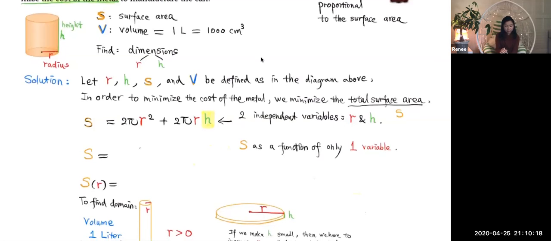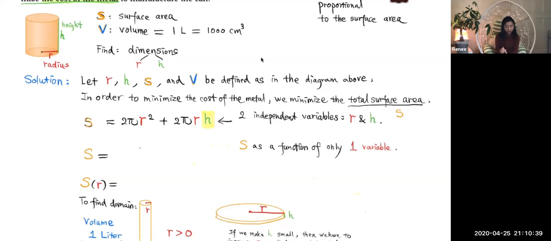Now, notice that this S is expressed as a function of two independent variables, R and H. Both of them are variable, they're going to change.